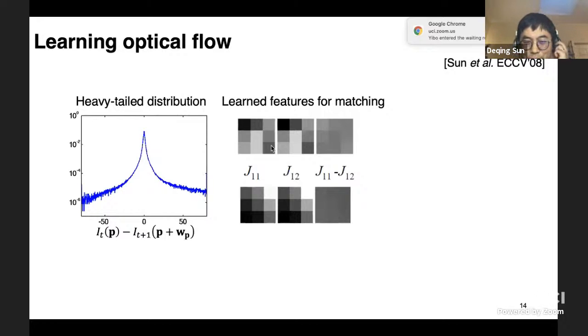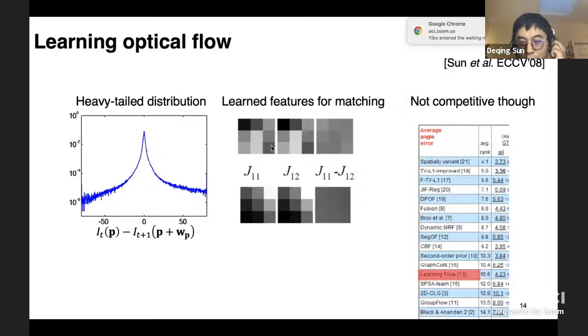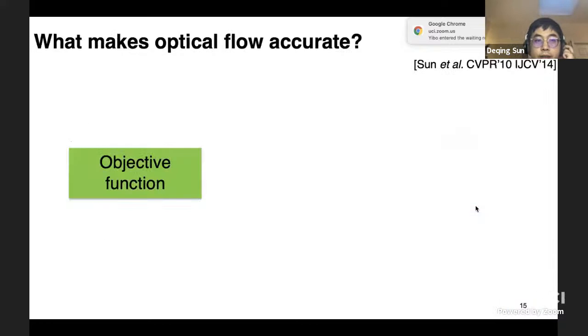But to our disappointment, when our approach first appeared, it was not very competitive against the more hand-designed approaches. And so the question then is, why was it not accurate? If we look at what makes optical flow accurate, what we studied in the learning optical flow paper is the objective function, or the energy function to minimize.